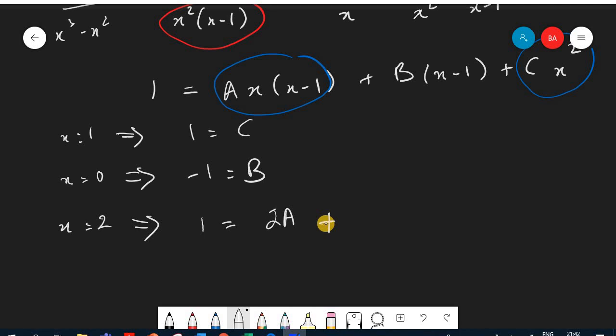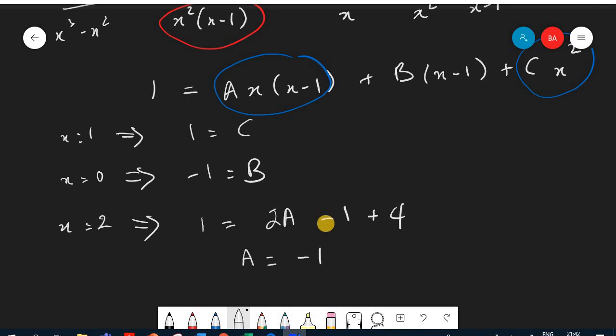So I'll write here minus 1, plus c into x squared. X squared is 2 squared, so plus 4c, and c is 1, so it's plus 4. So that is 1 equals 2a minus 1 plus 4, so 2a is minus 2, so a is equal to minus 1.